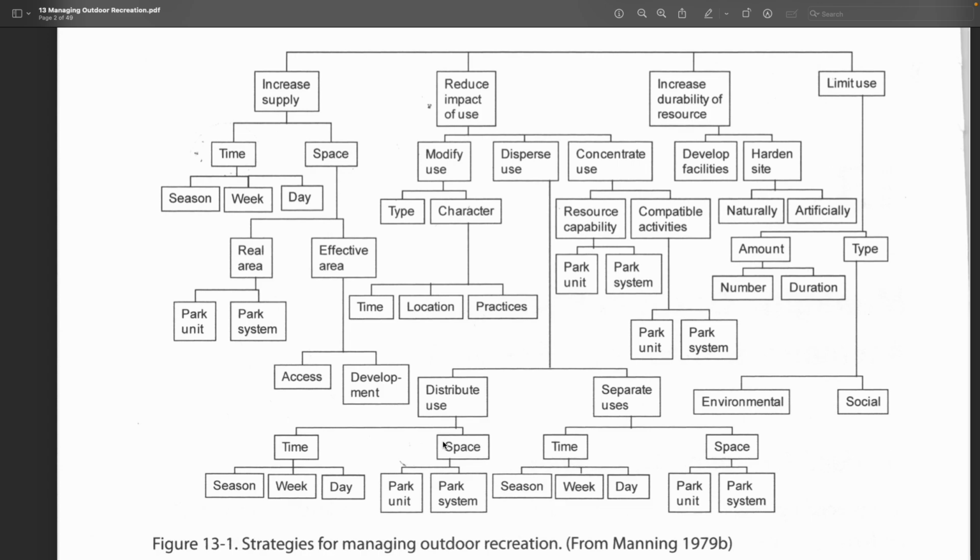That is, for example, within the Mount Desert Island horseshoe-shaped island unit, one of 3 units in Acadia National Park. Do I provide this answer out of this tactic, that is, in this case, provide a compatible activity and concentrate use of that activity and thereby reduce the impact of use? Do I do that at Mount Desert Island unit of Acadia National Park?